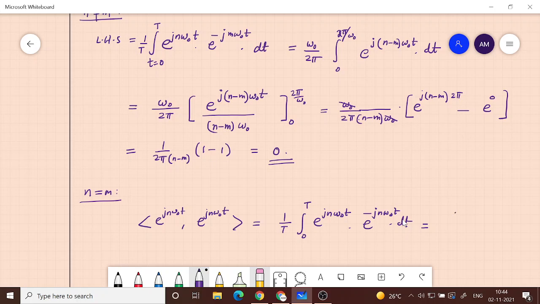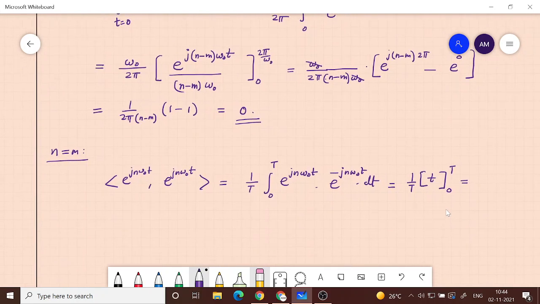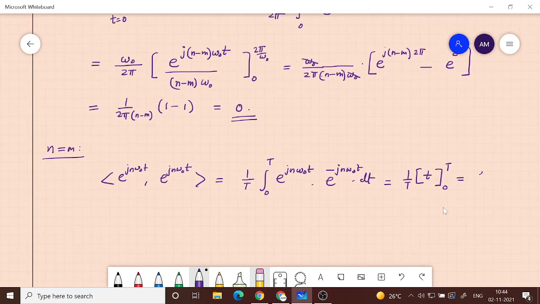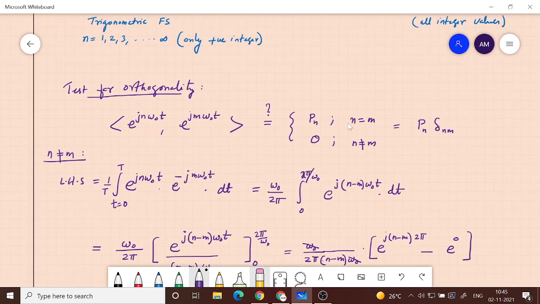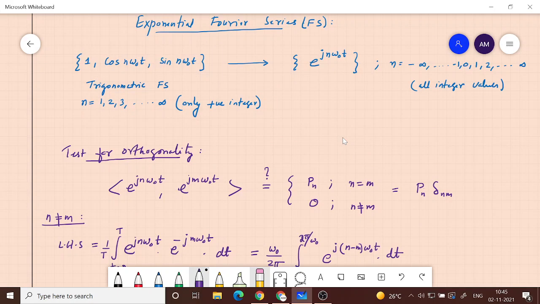So which means that I can write it as the integral of dt, which is t from 0 to T, which is what? 1. So the energy of the function is 1. All the functions in this exponential Fourier series orthogonal set have power equal to 1.